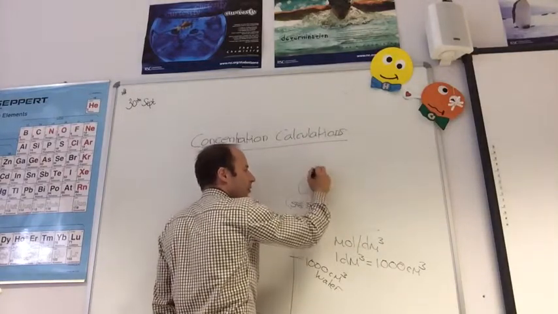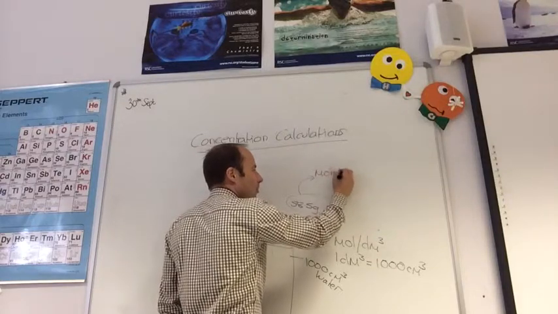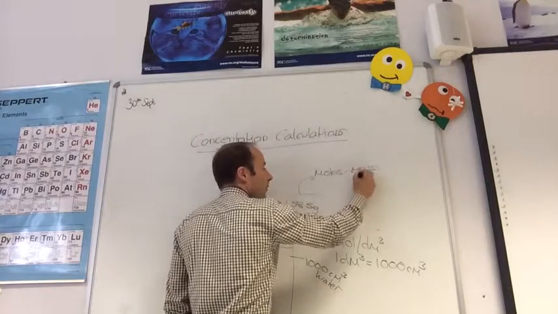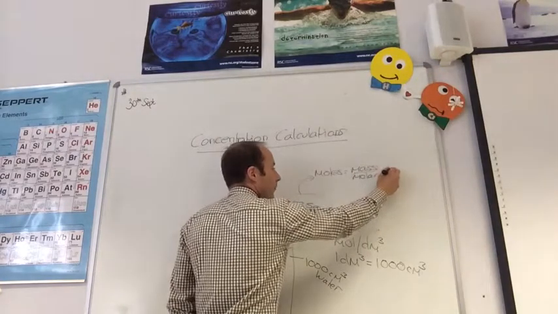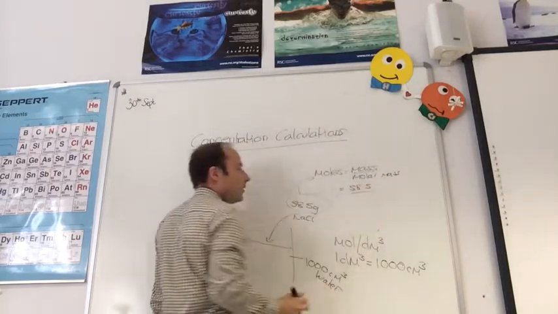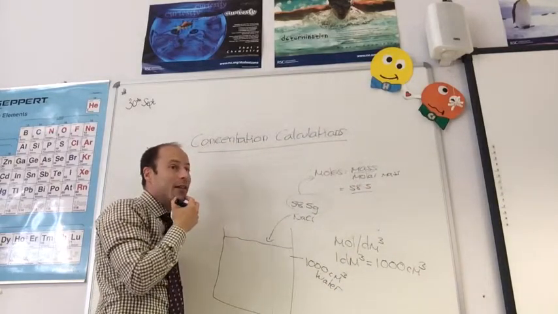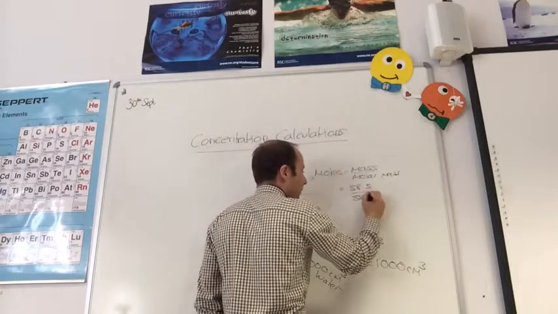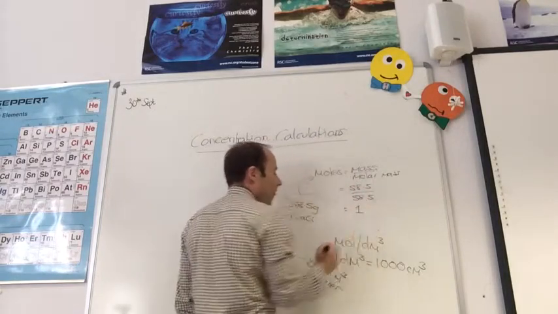58.5 grams of sodium chloride. Remember, moles is equal to mass over molar mass. The mass I've got is 58.5. The molar mass of sodium chloride, surprisingly enough, is 58.5. So that equals 1.